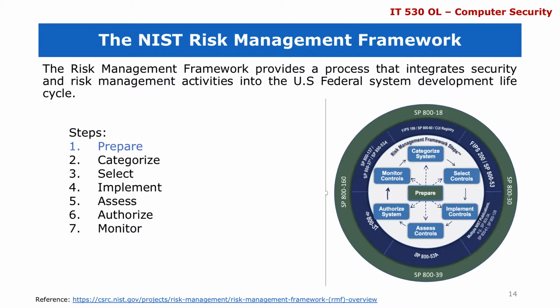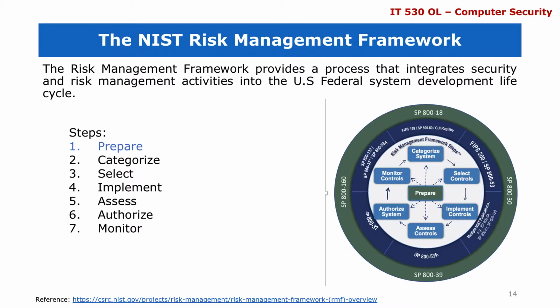And categorize involves categorizing the system and the information processed, stored, and transmitted by the system based on an impact analysis. So basically, everything that the system does as it relates to its information needs to be categorized, and the system will be categorized based on that information.